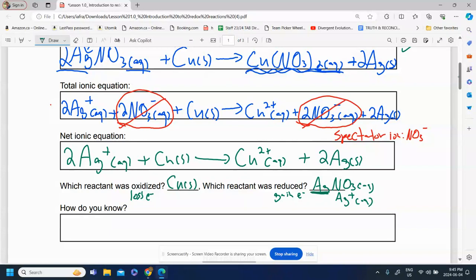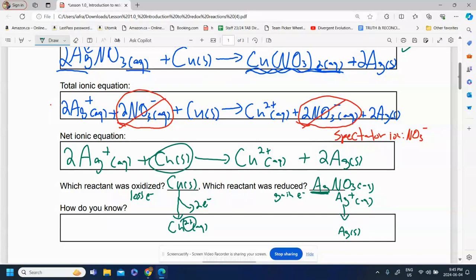So if you look carefully, copper was solid copper with a charge of 0, and then it became Cu2+, meaning a charge of 2+. So that means if it's positive, it must have lost electrons, and specifically we're looking at probably 2 electrons it lost. Whereas silver was 1+, and then it became solid Ag with a charge of 0.